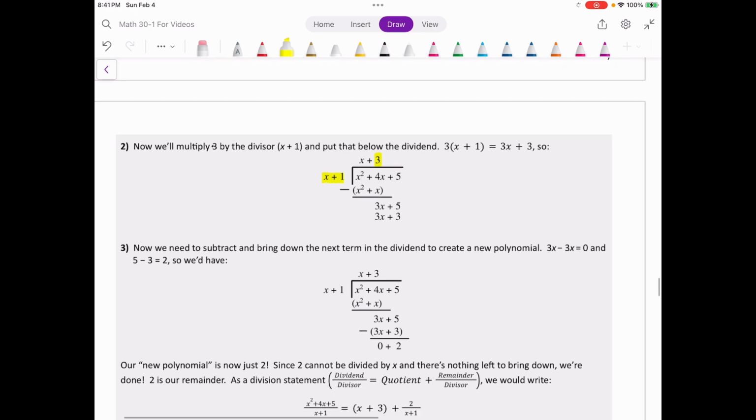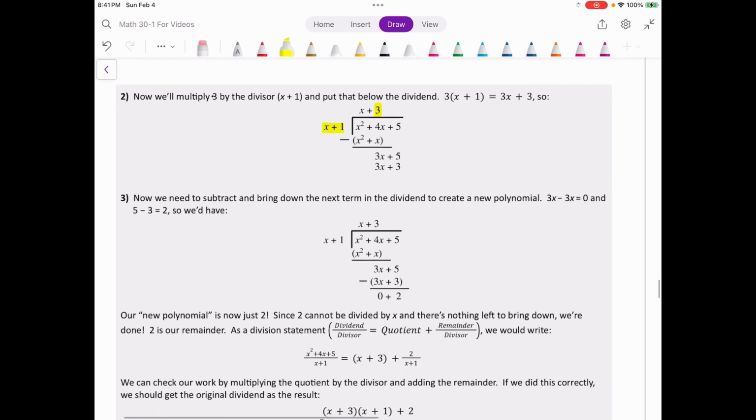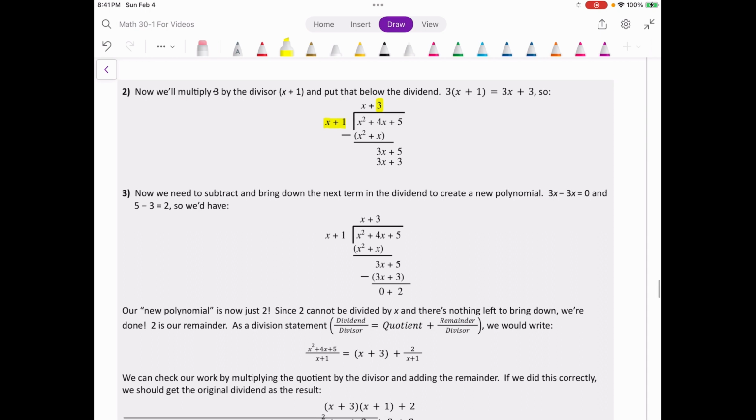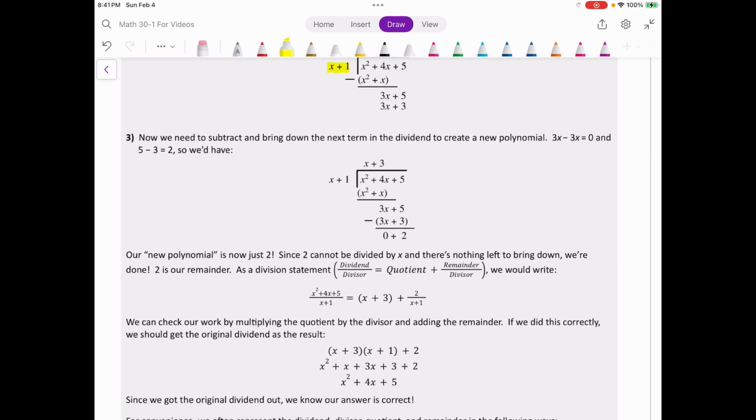Time to subtract. Again, line them up. It's a nice little way to check our work as we go. 3x minus 3x is 0. That's good. We should always get 0 there for that first part of the subtraction if we did it correctly. And then 5 minus 3 is 2. So our new polynomial at this stage, after we divided, multiplied, subtracted, and brought down, is just 2.